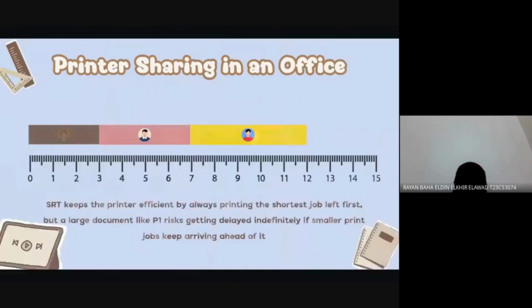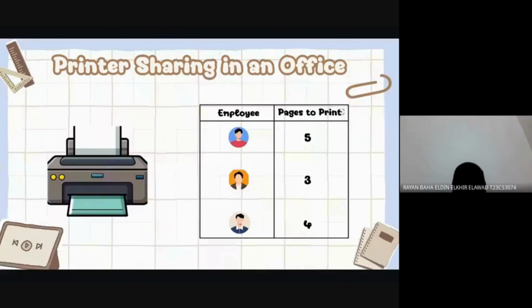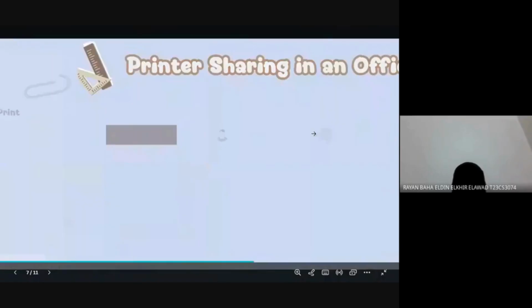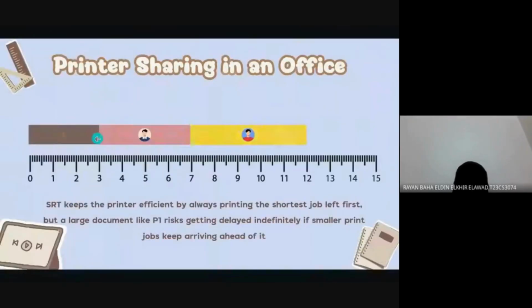In the SRT or SRTF algorithm, it will pick the process with the minimum burst time, in this situation the minimum number of pages. So the minimum one is process 2. It will take process 2 first, followed by process 3, and lastly process 1.